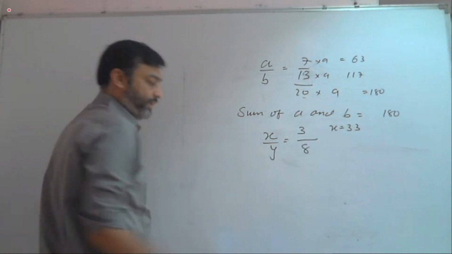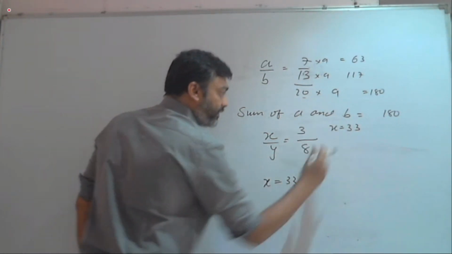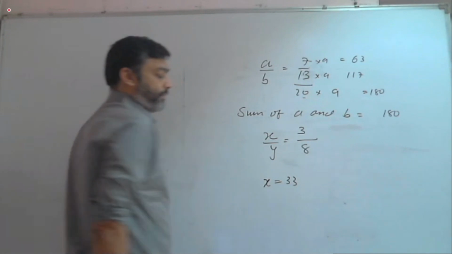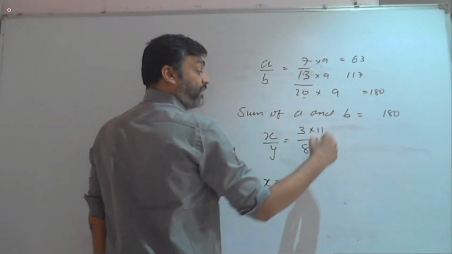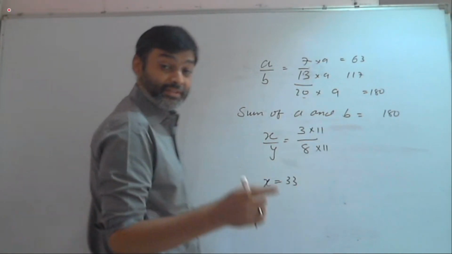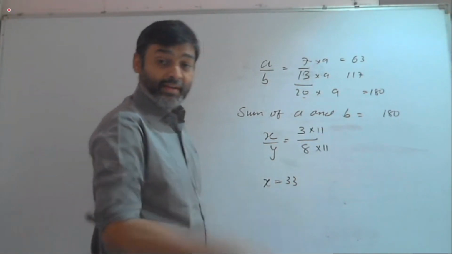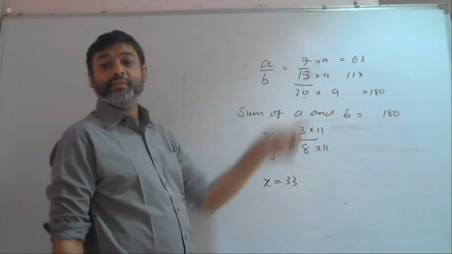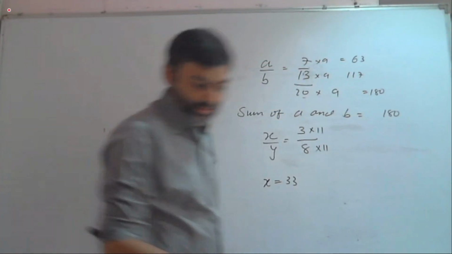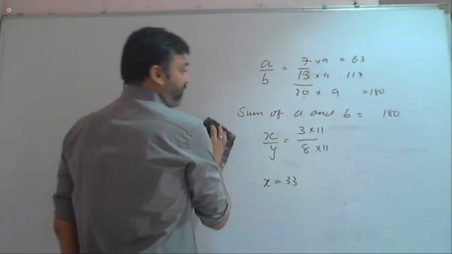Can you find y? It is 88. Yes, you are doing this very nicely. The multiplier is 11. The same thing you can do for subtraction and addition. For subtraction, take the difference of the two terms, and for addition, take the sum of the two terms. You can get your answer fast. So this is clear, right, everyone?